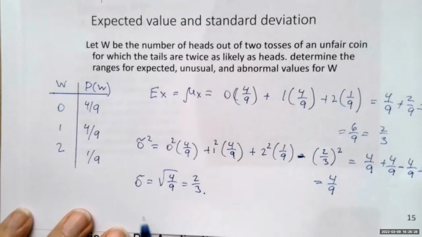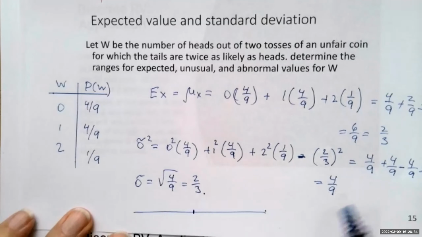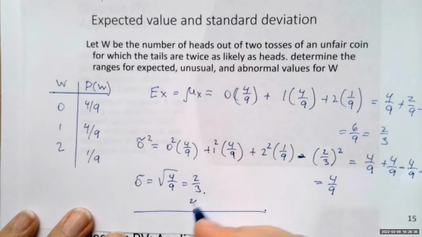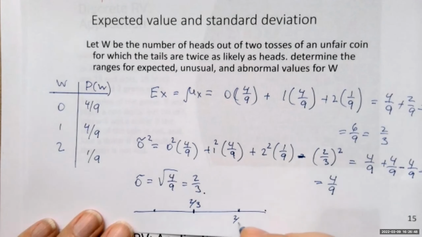So for our unusual values and expected values, the mean is 2/3. The expected would be within 2 standard deviations, so that's going to be 2/3 plus 2 times 2/3, which will give us 4/3, so 6/3, which is going to be just 2.